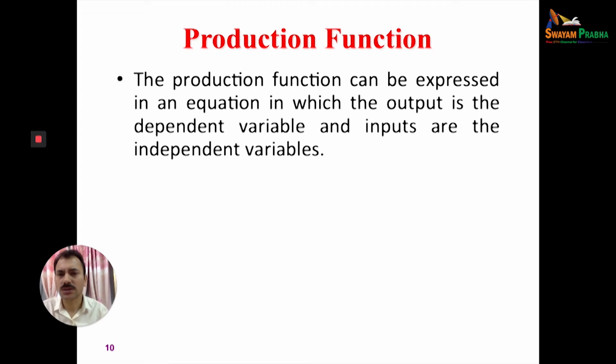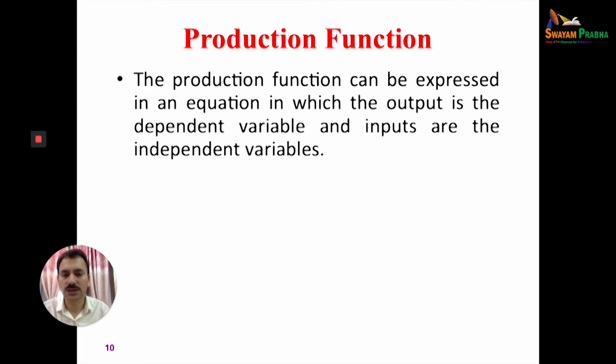Production function basically can be expressed in an equation in which output is the dependent variable and inputs are independent variables. Inputs like land, labor, and capital play an important role in the production function.